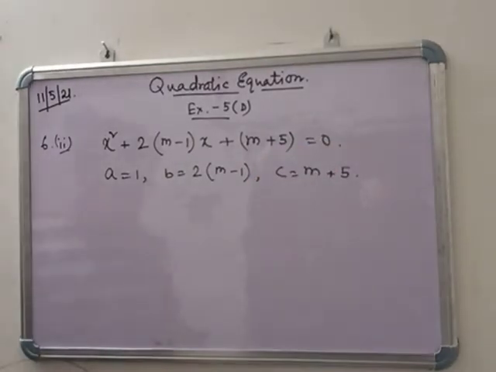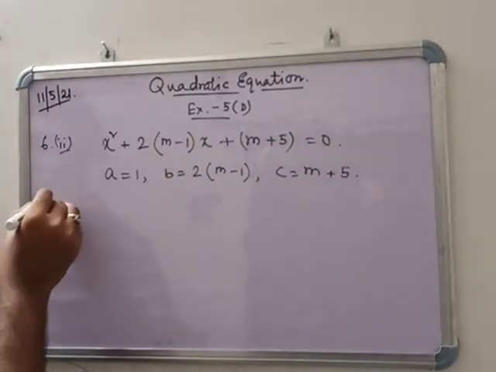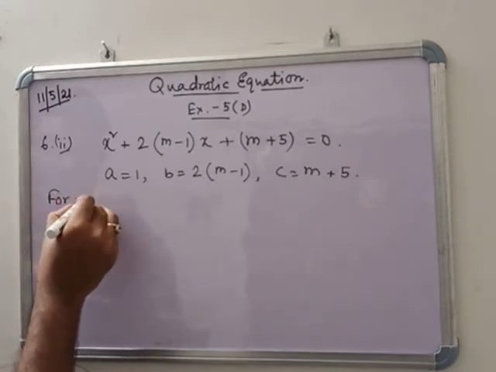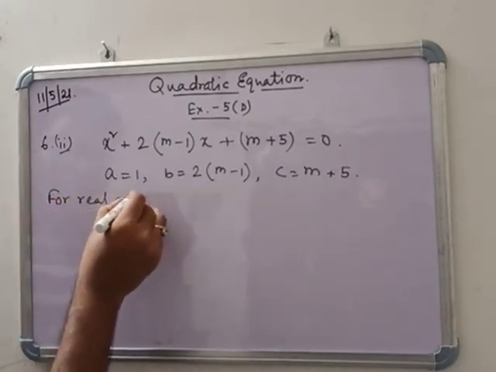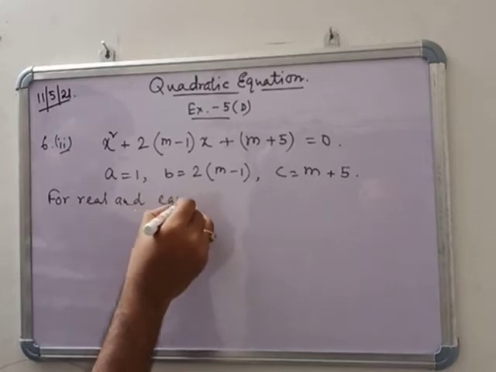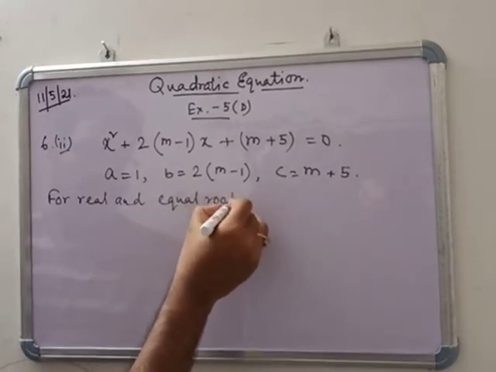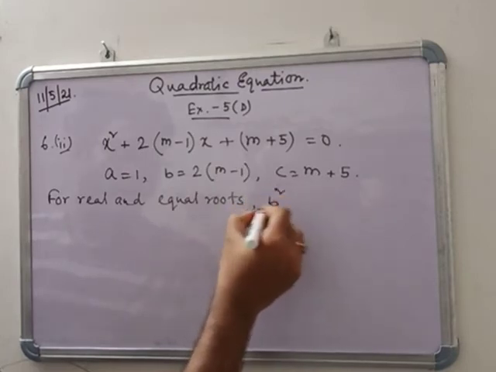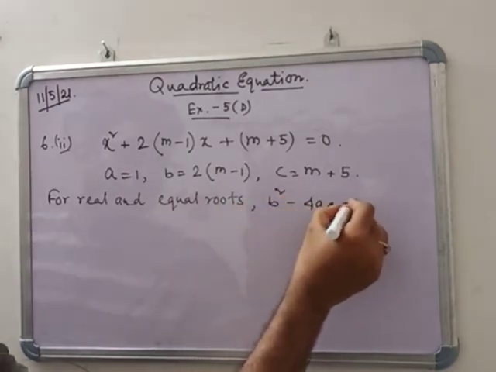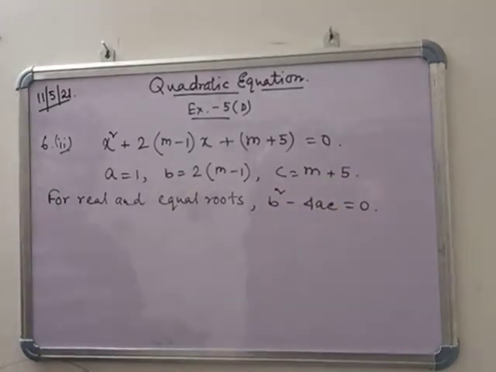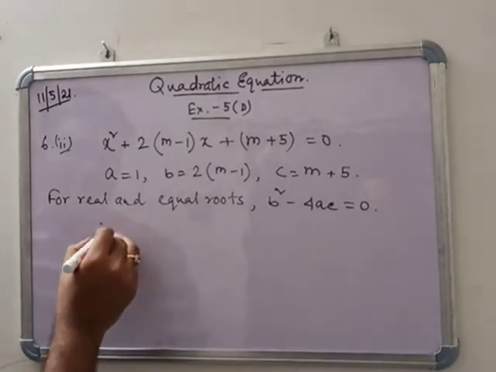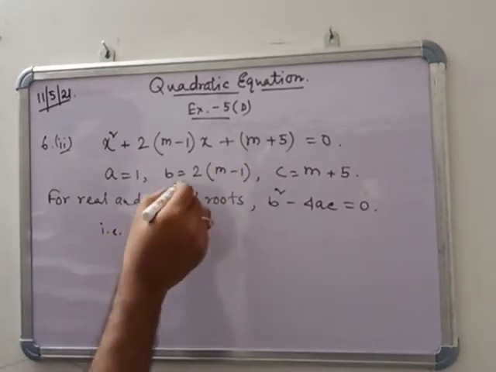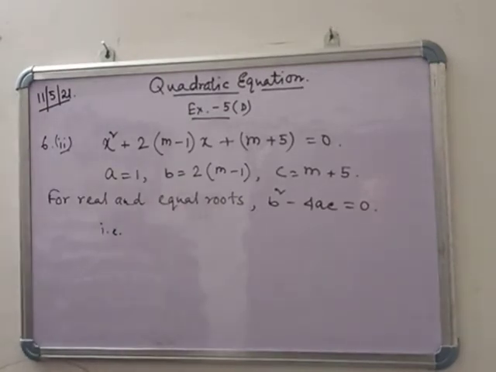Okay. So now for real and equal roots, b square minus 4ac equals to 0. Okay. So for real and equal roots, b square minus 4ac equals to 0. That is, b square means 2 into m minus 1 whole square.